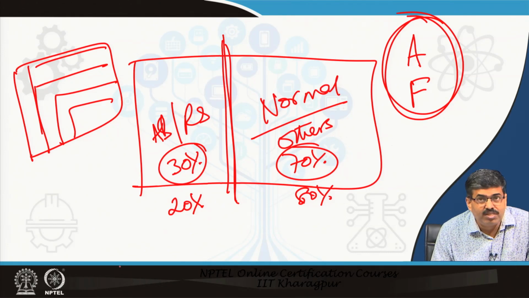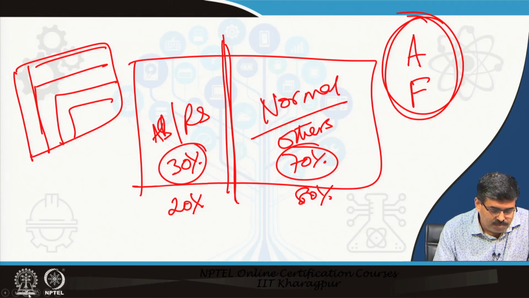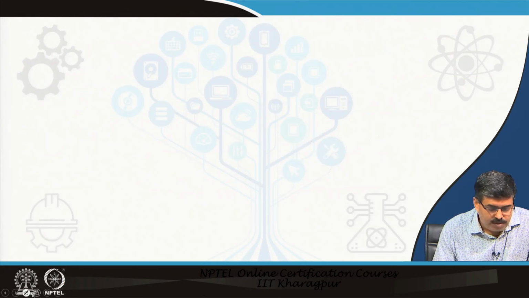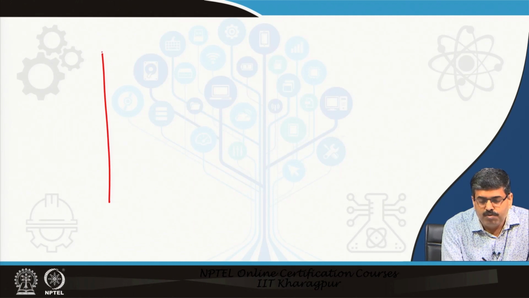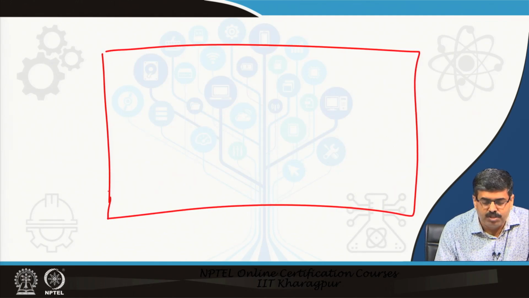Just keep this diagram in mind: ASRS 30%, normal or others 70%. How did we arrive at this 30%? We will look at the movement pattern of goods in the warehouse.